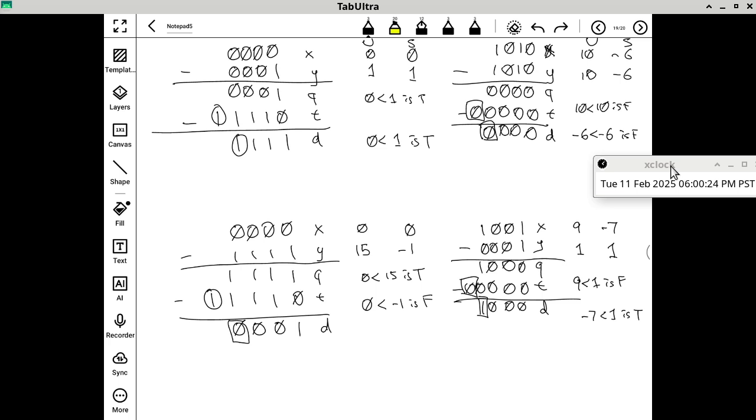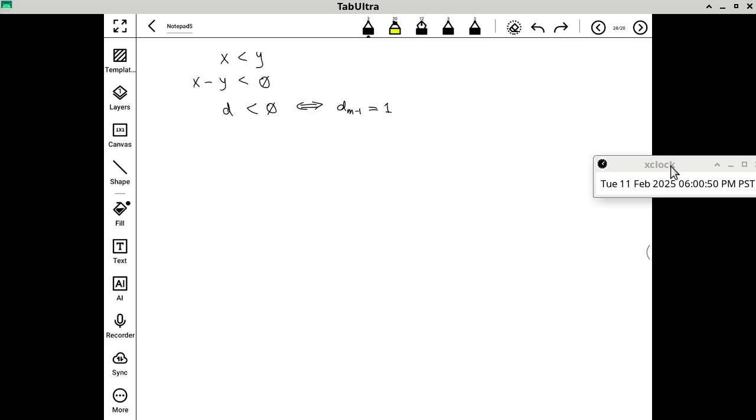Negative 7 is indeed less than 1, and the sign bit is telling me exactly that. Yes, so far, yes. And then I'm going to throw a wrench into this whole thing and say it doesn't work. So now we look at a few more examples where it does not work anymore.